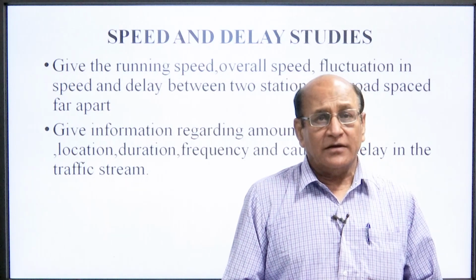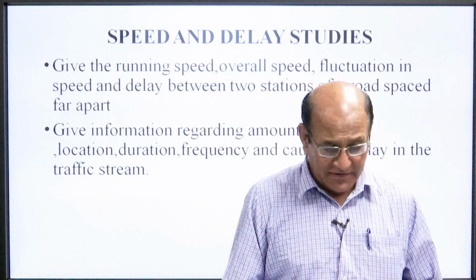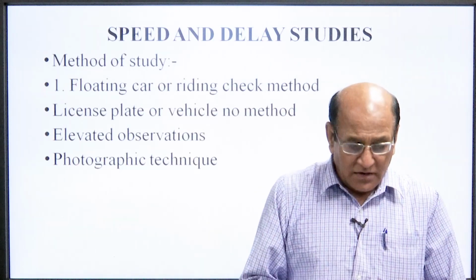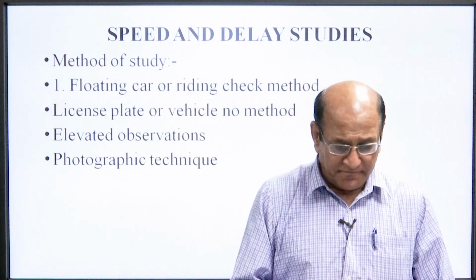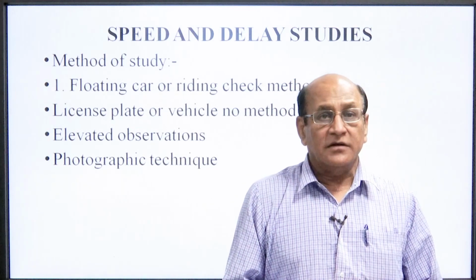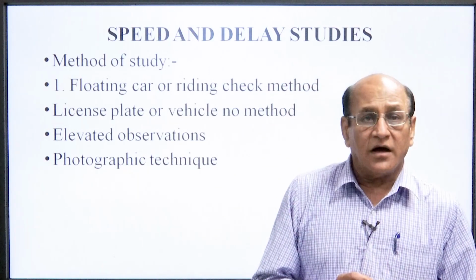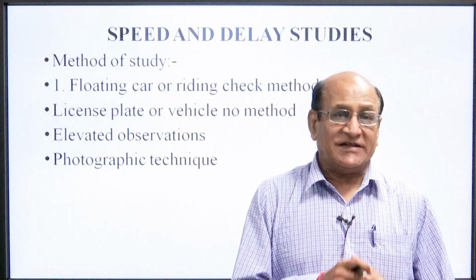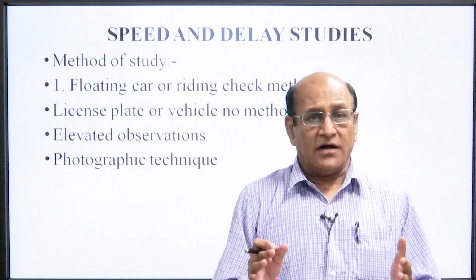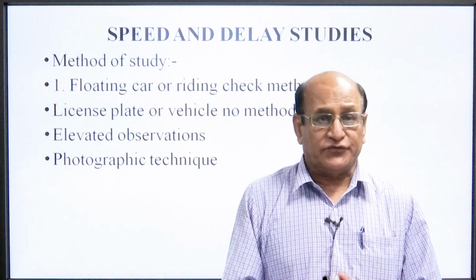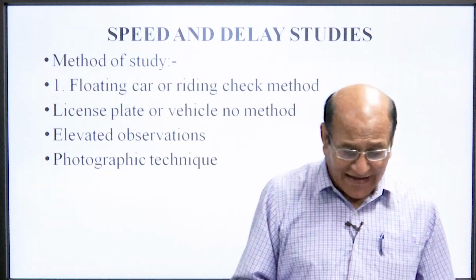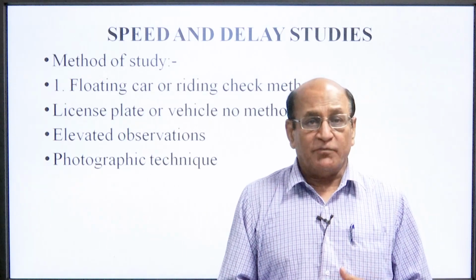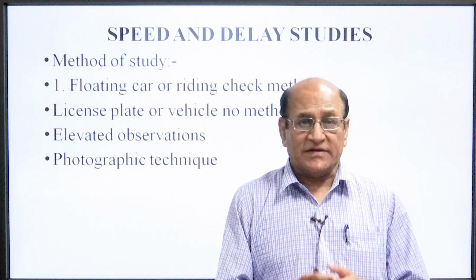What happens in the speed and delay study? The methods of study are the floating car or riding check method, which is widely used, then the license plate or vehicle number method, and third, the photographic method.